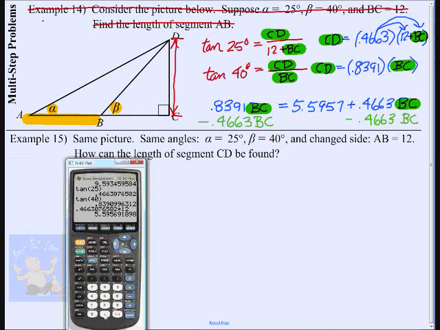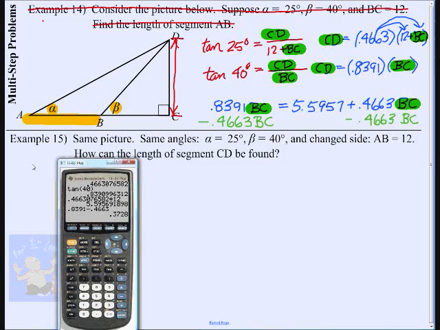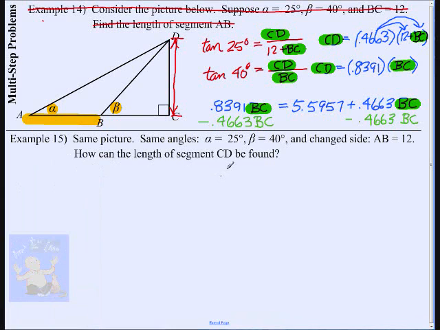We have 0.8391. We want to subtract 0.4663. That'll give us 0.3728. So we get 0.3728 BC equals 5.5957.